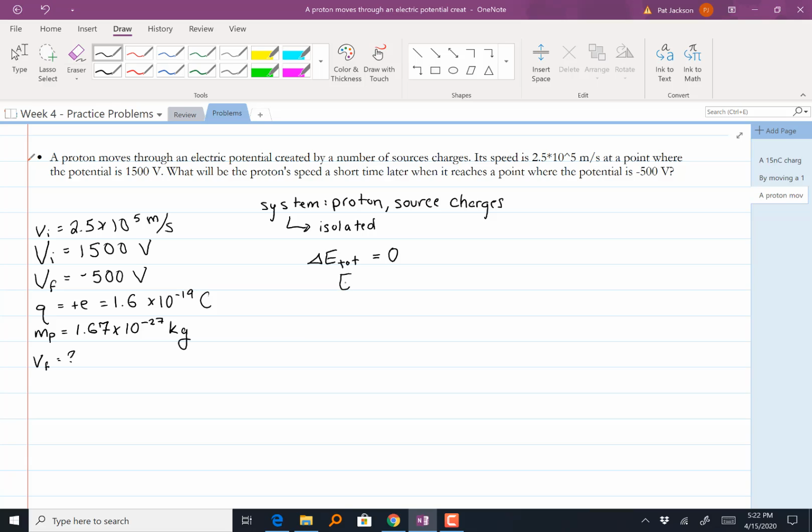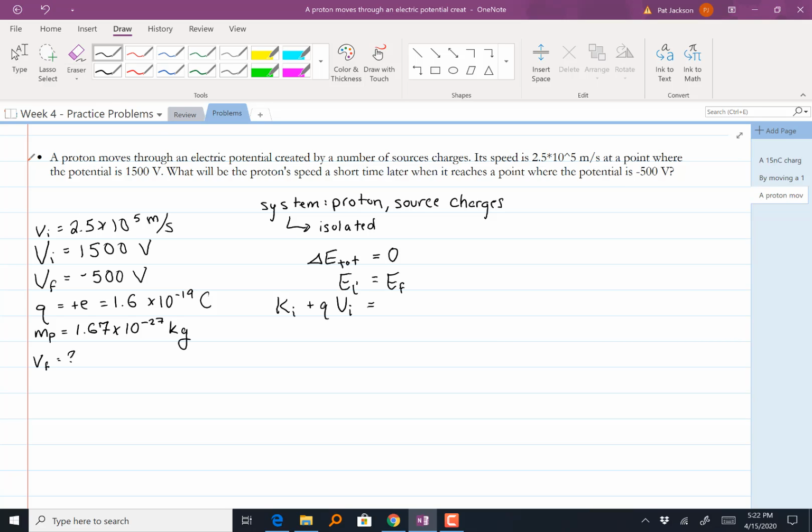The change in the total energy being 0 means that the initial total energy is equal to the final total energy. And so we're asking ourselves, what forms of energy do we have in the initial state? What form or forms of energy do we have in the final state? In the initial state, we've got some kinetic energy because we've got an initial speed, and we've got an electric potential energy because we've got that initial voltage.